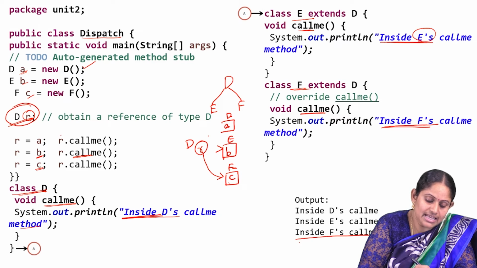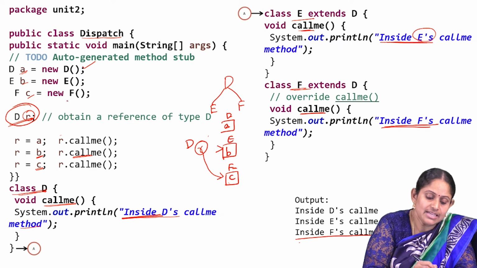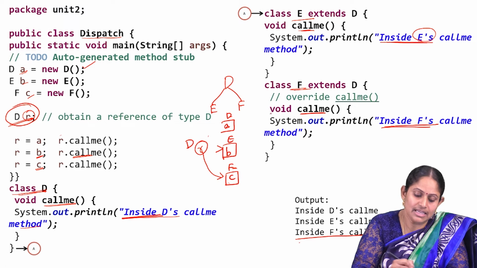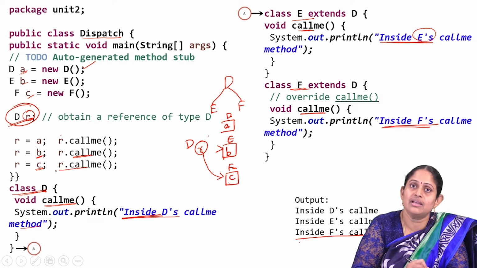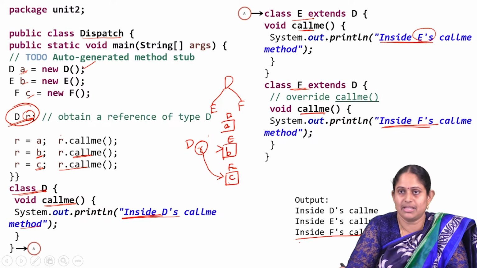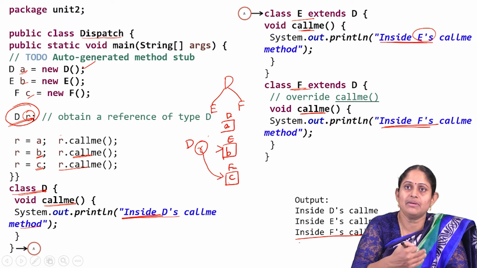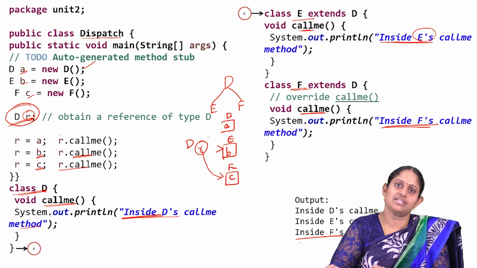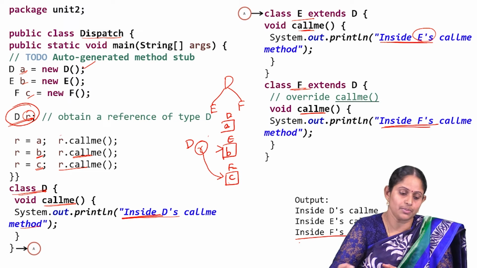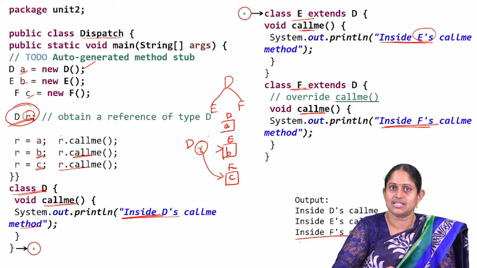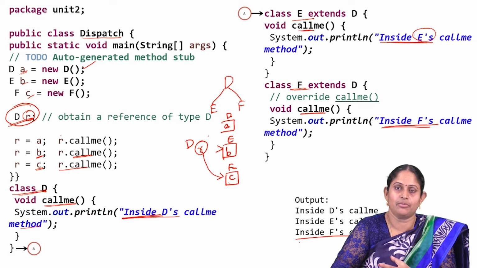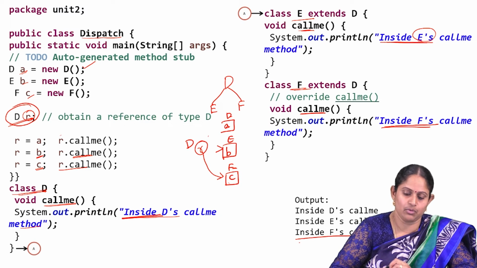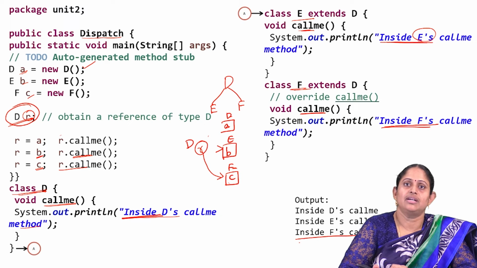And in the third case, it is pointing to C, which is of class F type, and R.callme will be invoking F's callme method. So at runtime, based on the type of object to which the reference is connected, that particular method will be invoked. So this is about DMD.